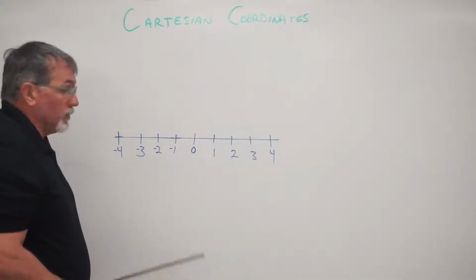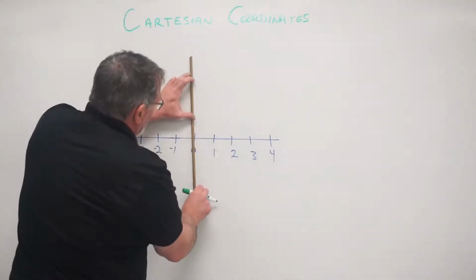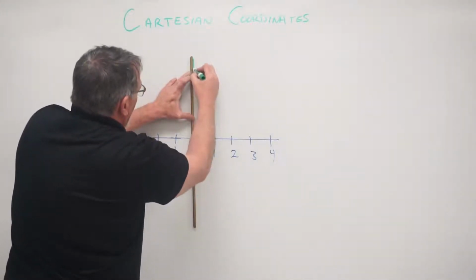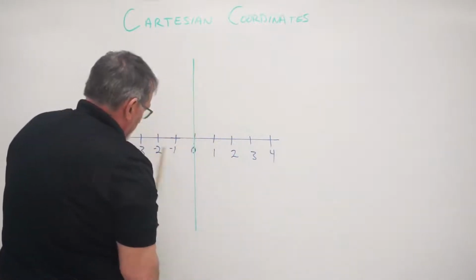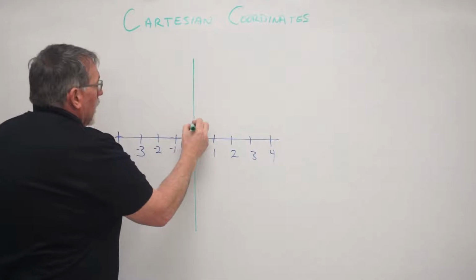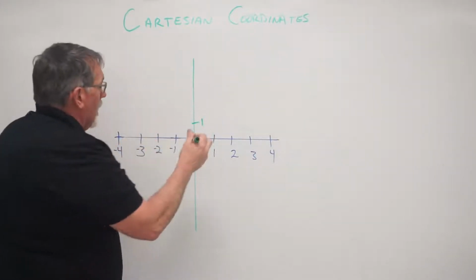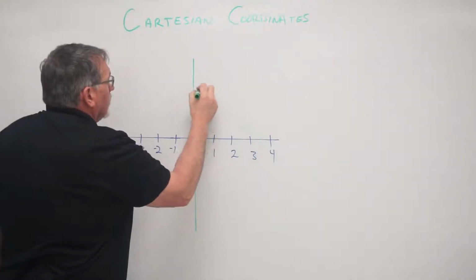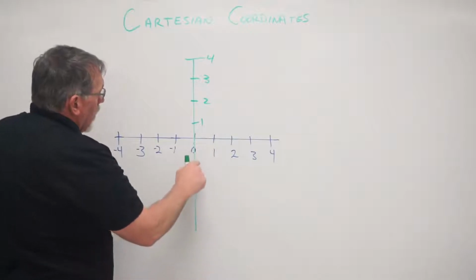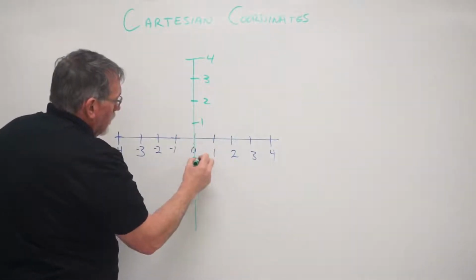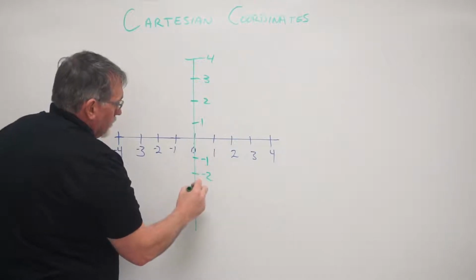So let's add another line to this, which is going to give us another axis of travel. And we'll number this one also. So going up, if you will, this line is going to be positive. And then going down in this axis will give us a negative position.